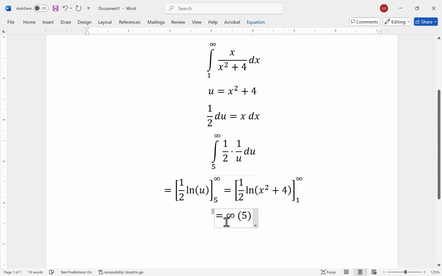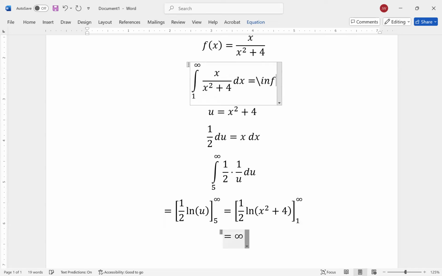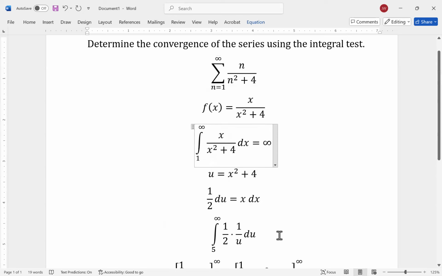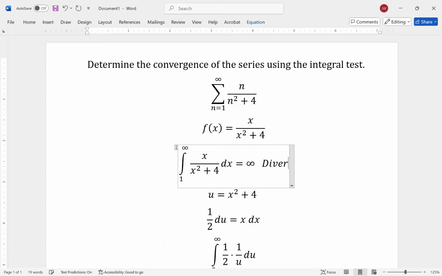So basically, we get that our integration integrates to infinity. This is not the only way I could have done this, but using u substitution, it's pretty obvious. So that means this integral diverges.